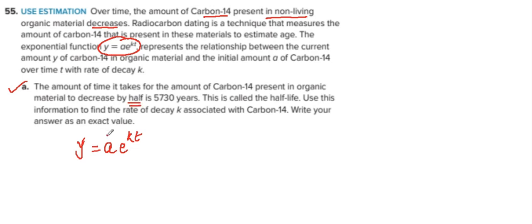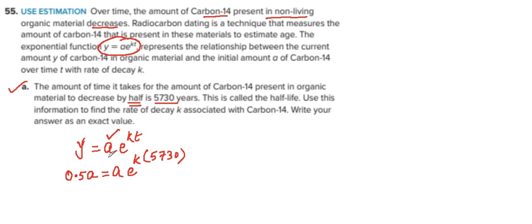So the initial is A. What is half of A? It decreases to half of A, 0.5. So you will use this value, and e power kt, and time is given here: 5730 years. That's it, nothing else.